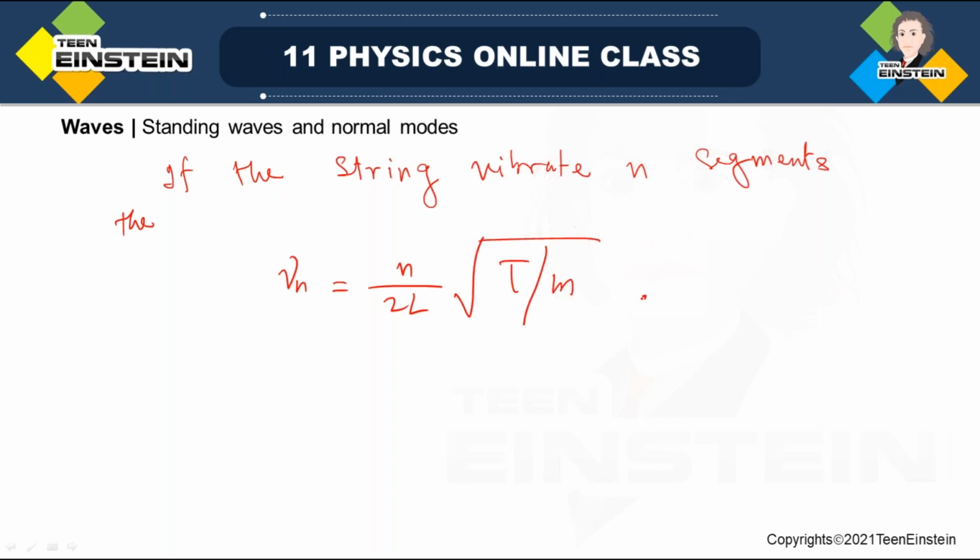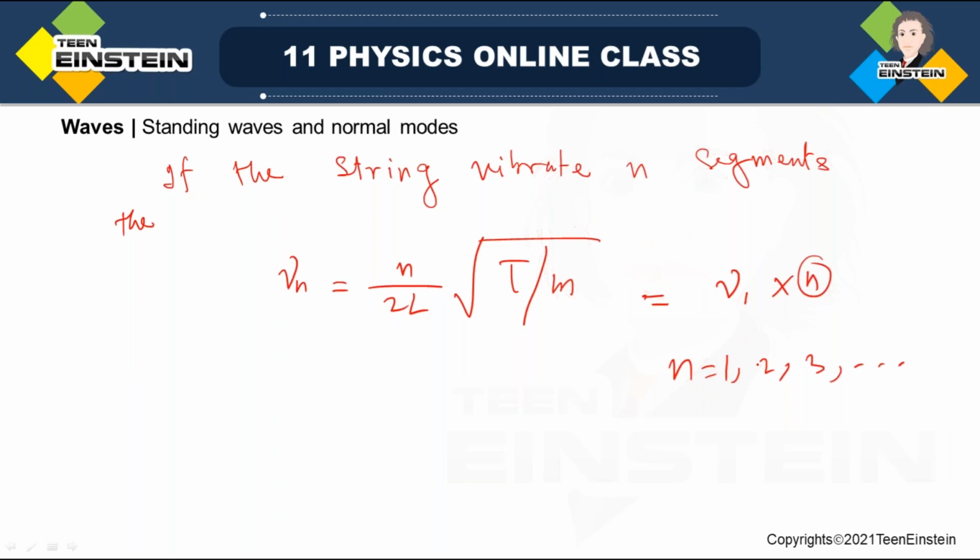So nu is the first one, so nu 1 into n. N is an integer number, it starts with 1, 2, 3, etc. So the other notes or other harmonics are actually integral multiples.